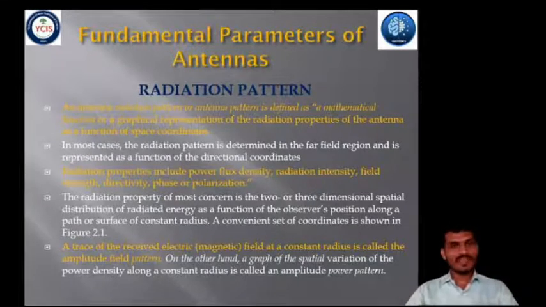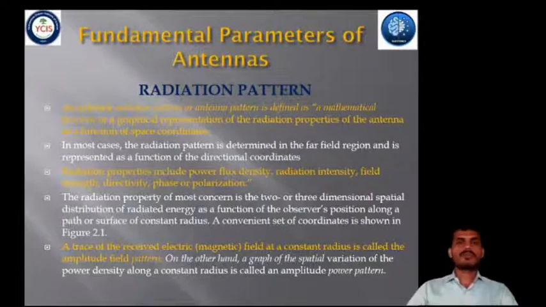That means an antenna radiation pattern or antenna pattern can be defined as a mathematical function or graphical representation of the radiation properties of antenna as a function of space coordinates. We know that there are different space coordinates. It will be discussed with the next diagram, and it is clear according to your diagram.